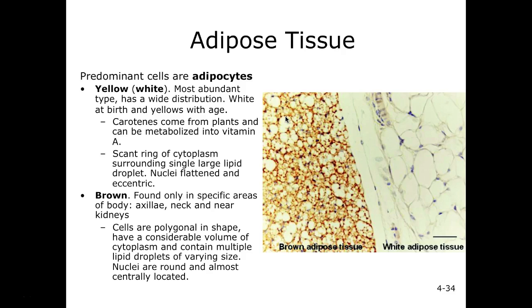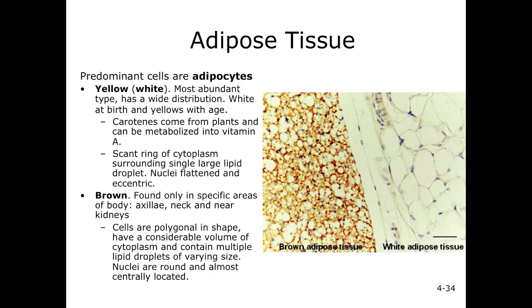It is the most abundant type and it's widely distributed throughout our body. And the appearance of these cells are more white at birth and then it starts to yellow with age. And that is because we start consuming a pigment within yellow and red fruits and vegetables called carotenes that we are going to metabolize and use as vitamin A, which is great for our vision health.